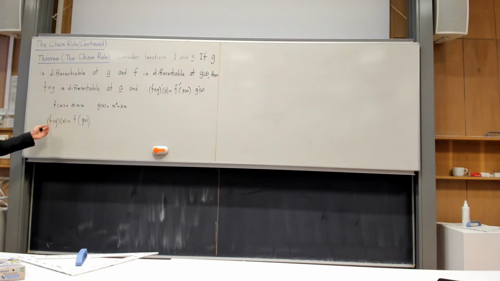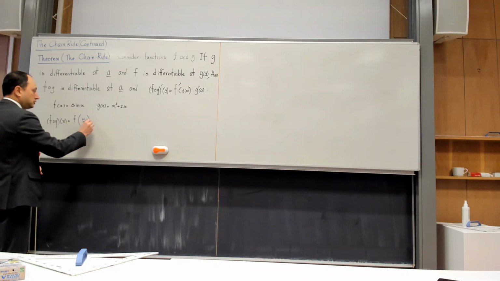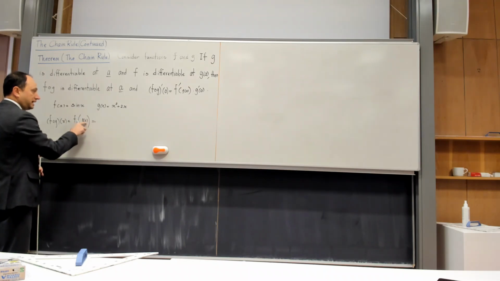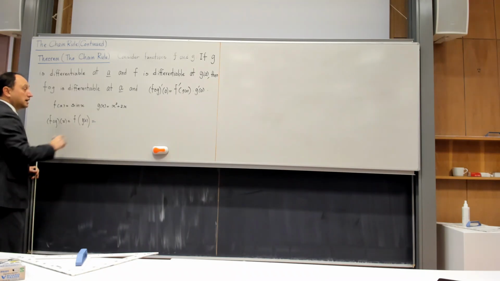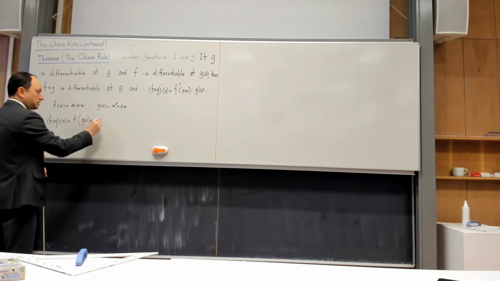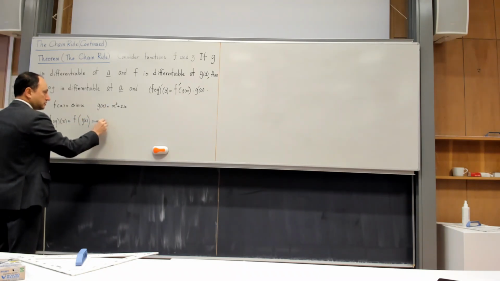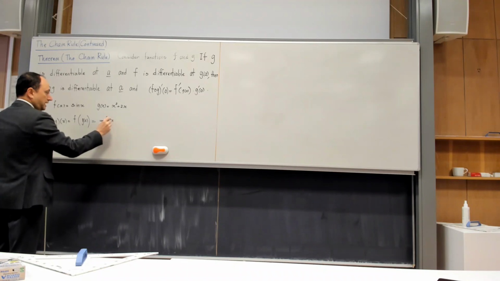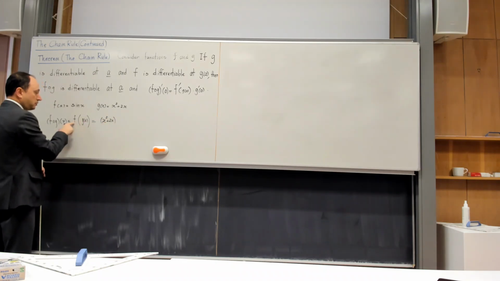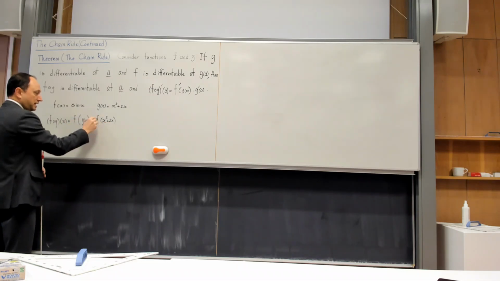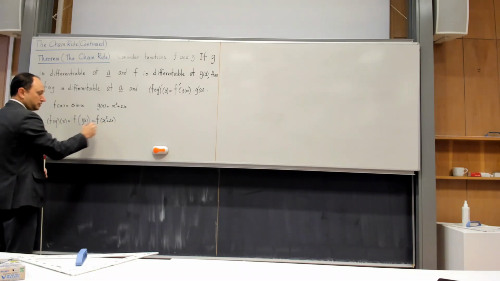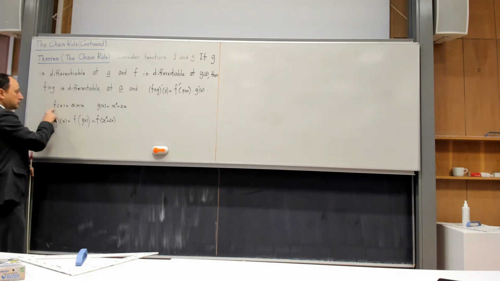So if I ask you what this function is, you would say that g acts on x first and gives you x² + 2x. So g(x) becomes x² + 2x. And then f is supposed to act on the outcome. What is the role of f?